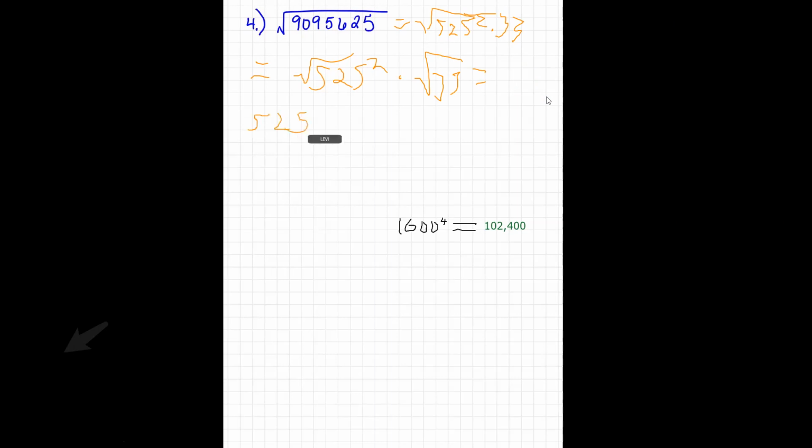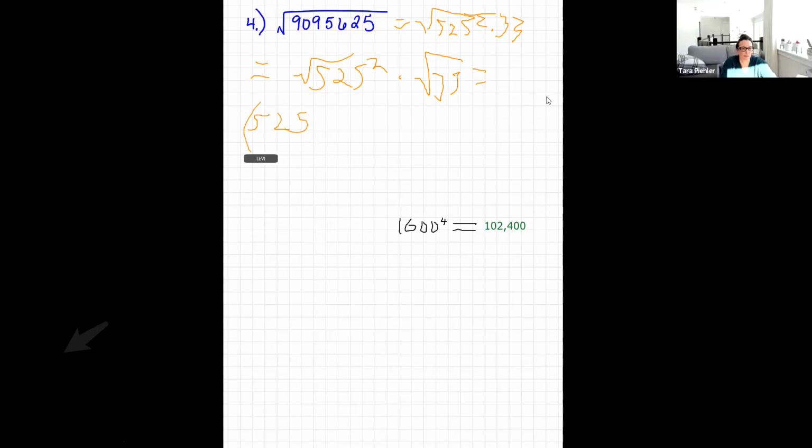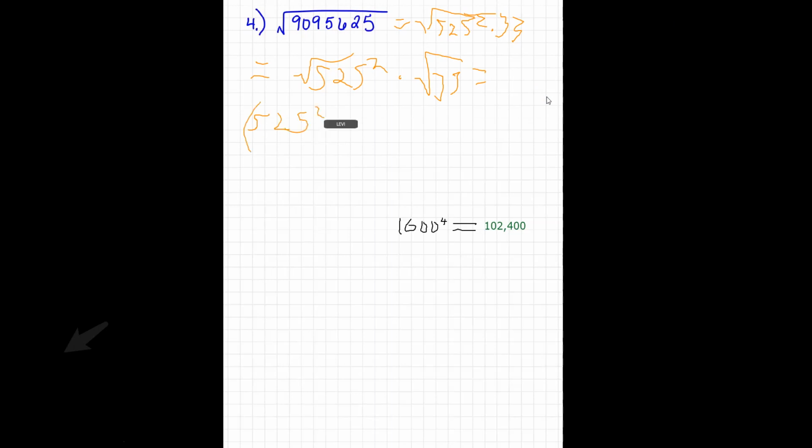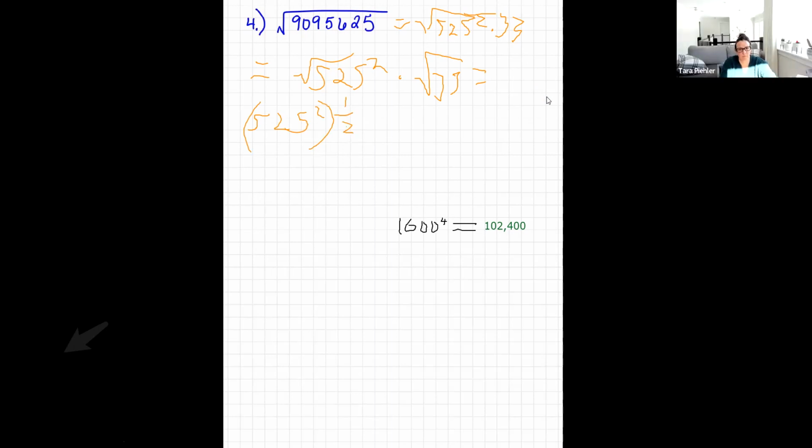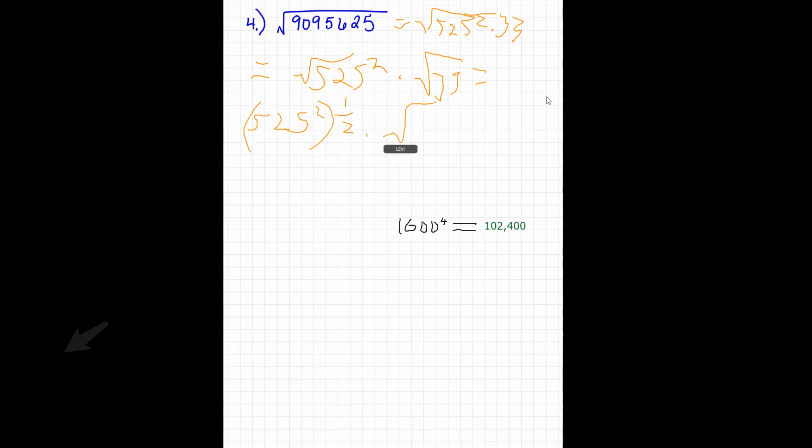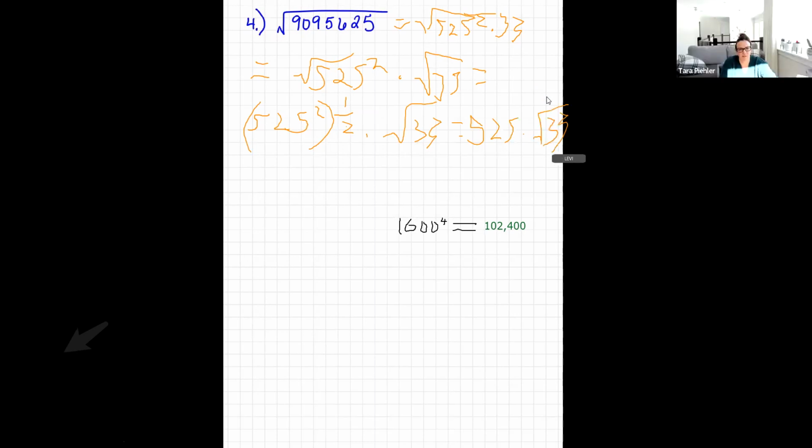That's right, because the square root of 525 squared is just that number. 525 squared to the 1/2, and then times the square root of 33. And then I can just turn that into 525 times the square root of 33. Excellent. Man, you're smarter than me.